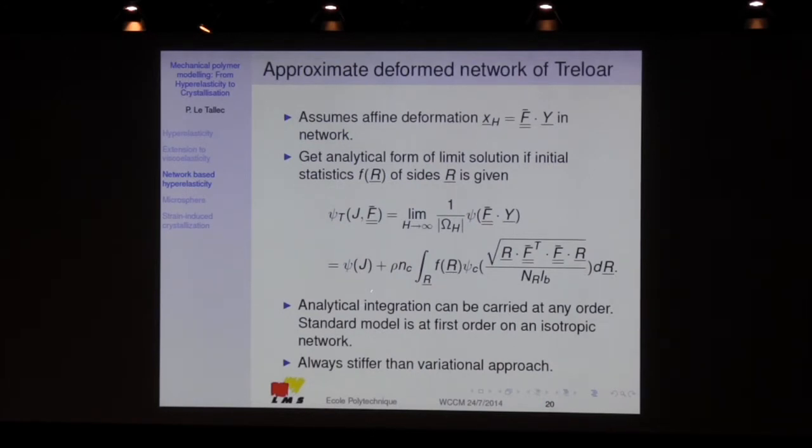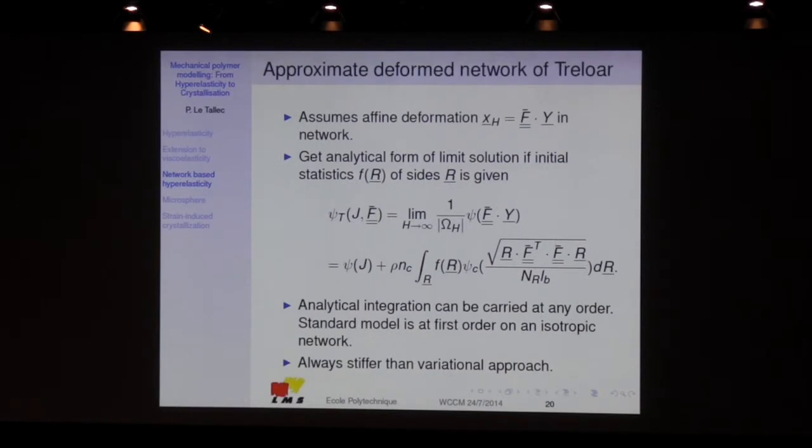With that, you get an explicit analytical expression of the free energy, an integral form, which was further simplified in order to carry the integration at first order, but which could be used at any order if you want to have a more realistic energy. Okay, this is interesting, but it's very stiff because the minimizer is very, very approximate.